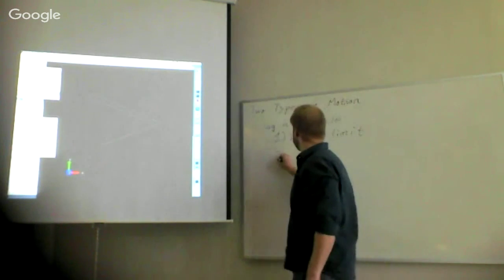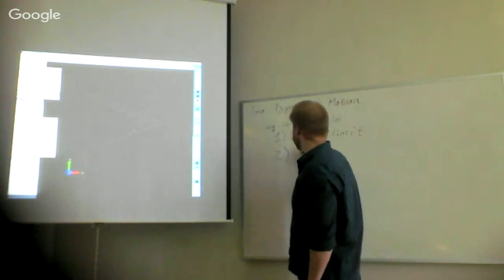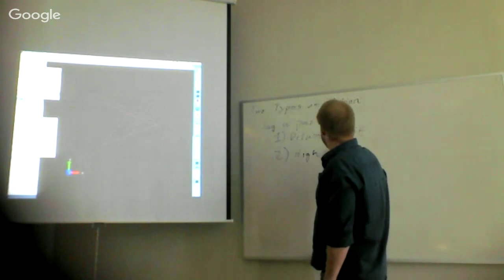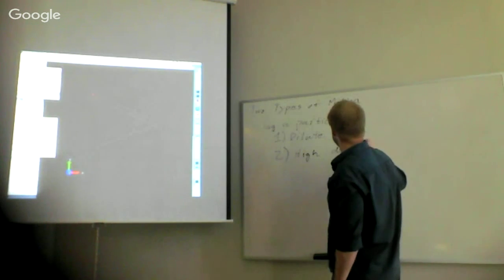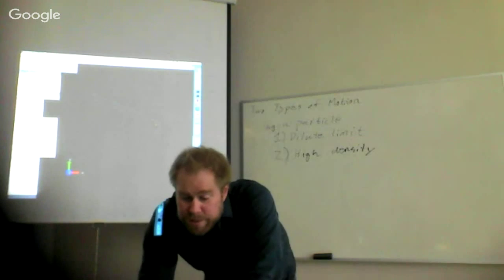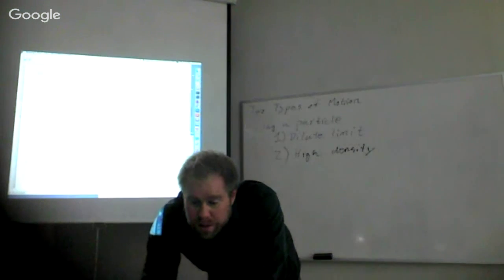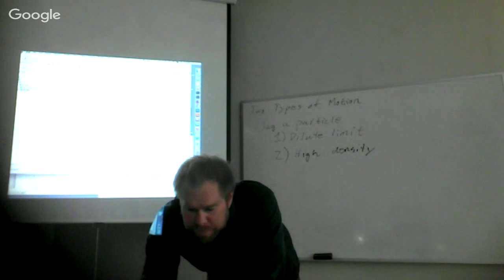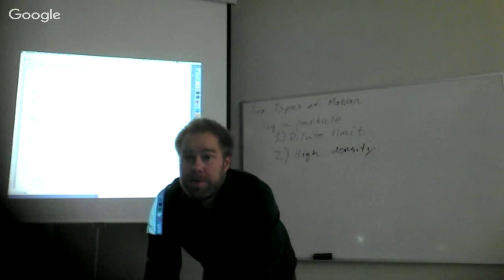But now let's look at when we have a lot of particles. And again, remember the particles are interacting. So I'm going to run the same code again. But now I'm going to have 500 particles in our box.